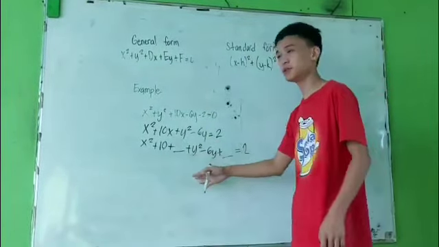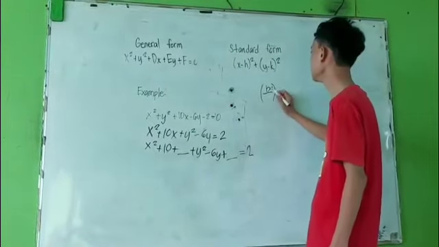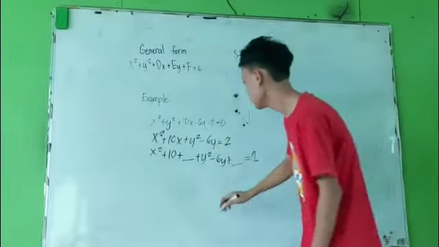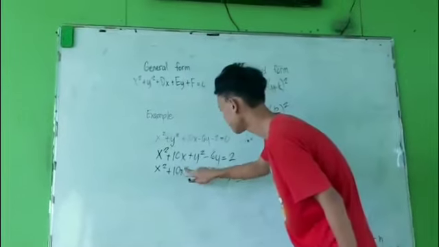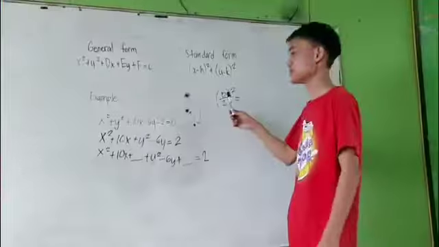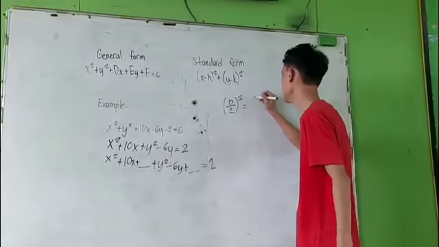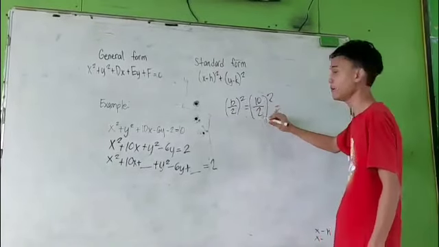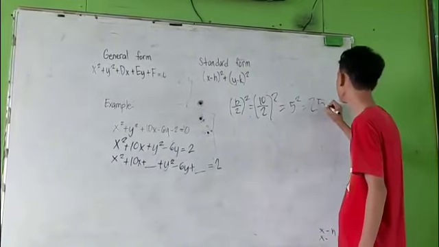The formula we're going to use here is the quantity of b over 2, squared. So we have here, this is 10x. The b here is the coefficient of the variable x. So we have here 10 over 2 squared. 10 over 2 is 5, squared equals 25.